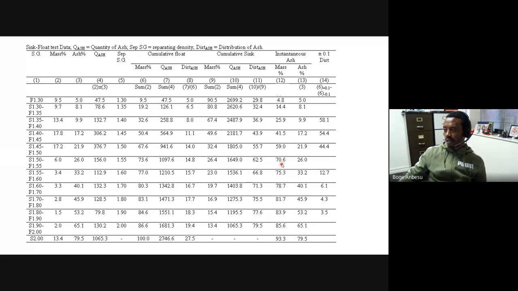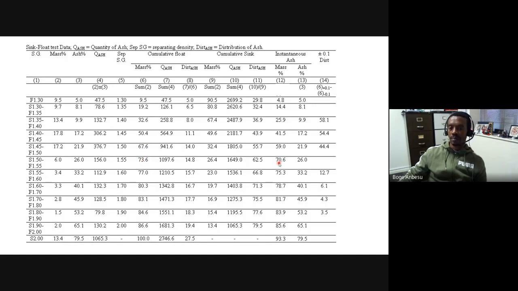So how do we get 70.6, for example? 70.6 is obtained because it is between 1.5 and 1.55. I come here, 1.5 and 1.55 cumulative floats. So I take the average between these two numbers, 67 and 73. That's how I get 70.